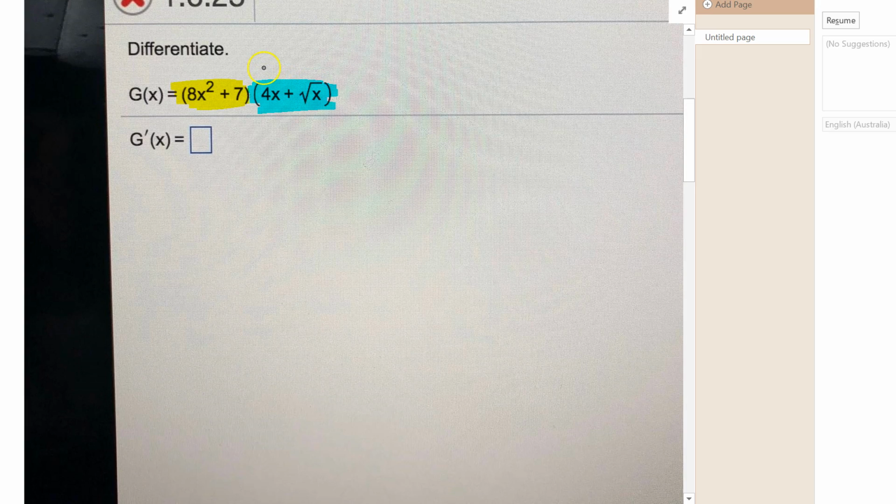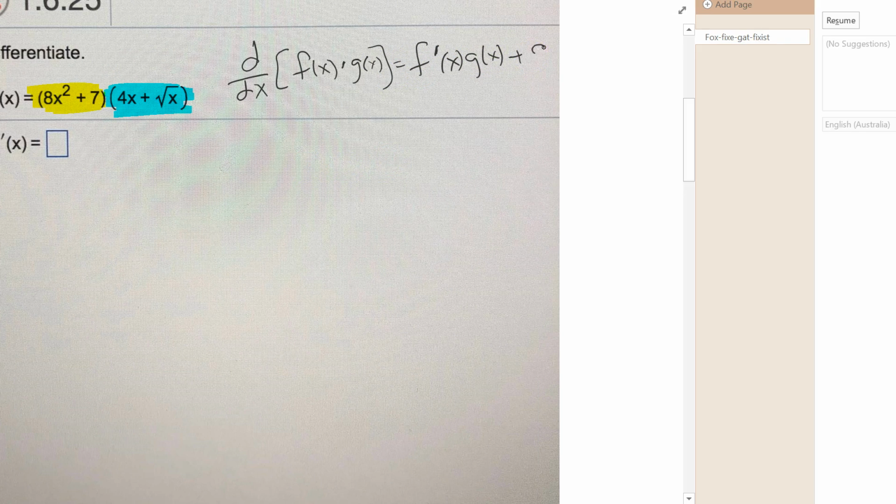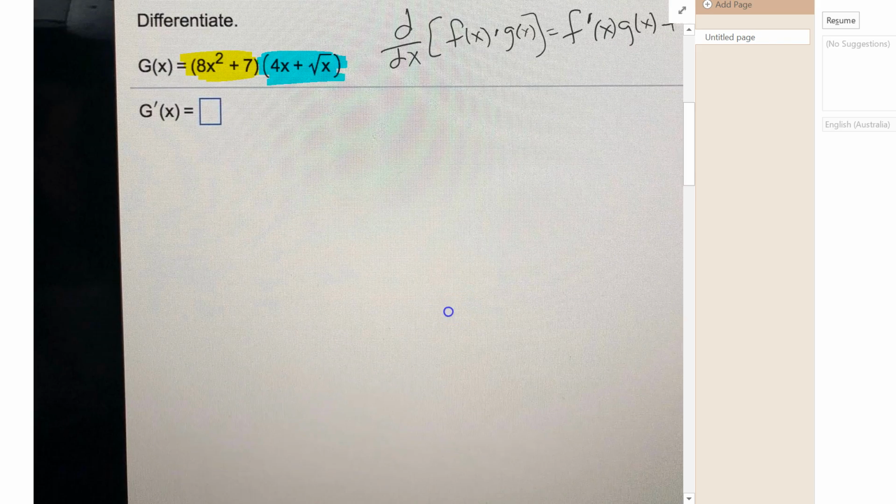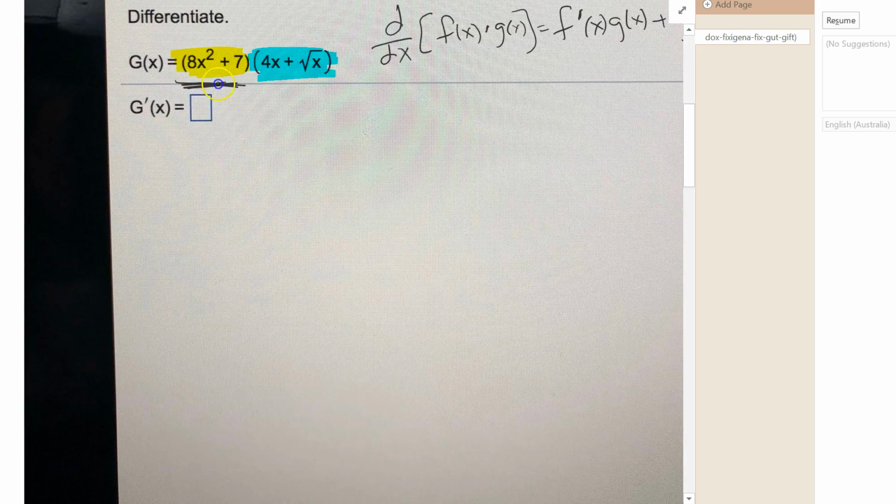And the product rule is if you take the derivative of a product of 2 functions, I'm going to write that as f of x times g of x. Take the derivative of the first function, hold the second function, plus the derivative of the second function, hold the first function. Right? So here, I'm going to take the derivative of my yellow function.